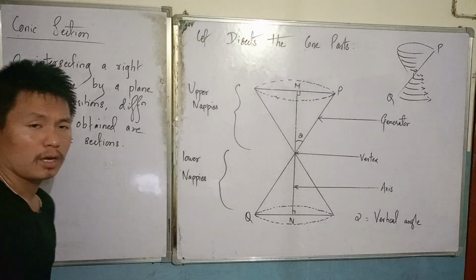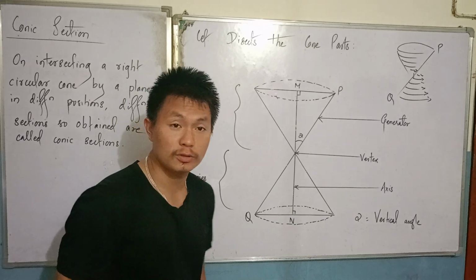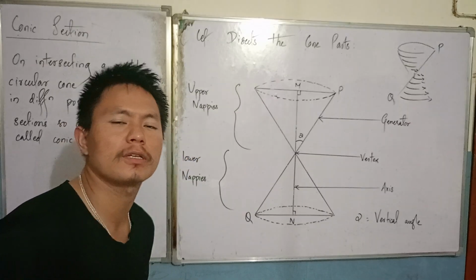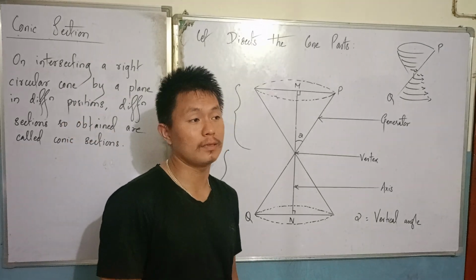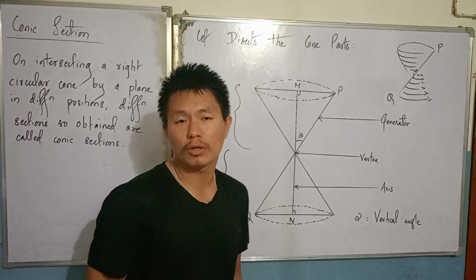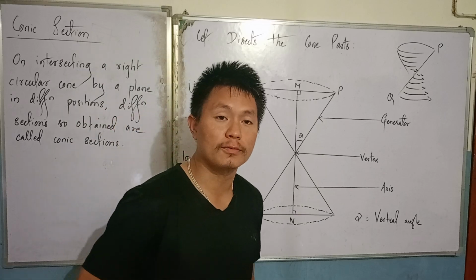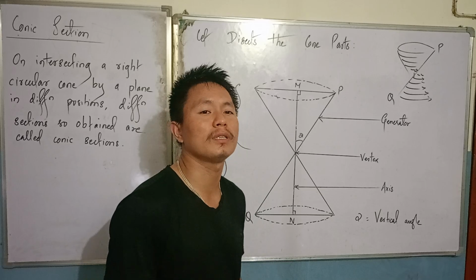You already know what a cone is. You have already known the cone, how it looks. You have seen that physically. And about the conic sections we are talking about, what do you mean by conic sections? This section means the part of a cone. It's just a part of a cone.